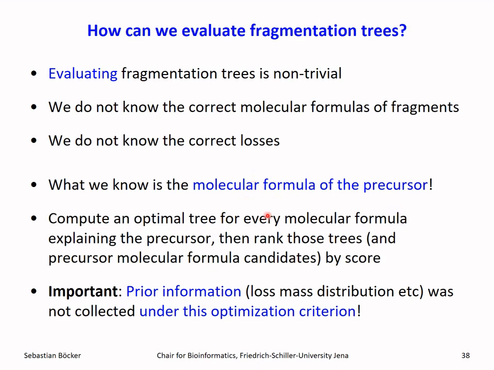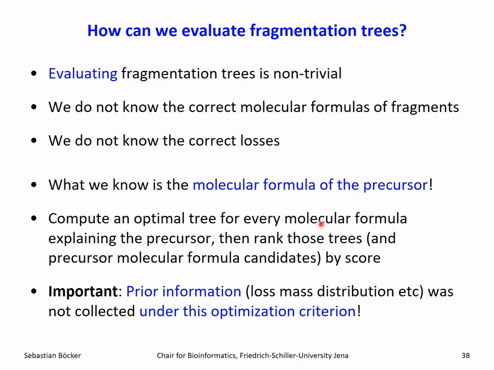What we do is, for every molecular formula, we compute a tree, the best tree for that molecular formula. And then we rank those trees by the score, the maximum posterior probability. And then we can check if we got the correct molecular formula at the top position, in the top 2 positions, and so on and so on.